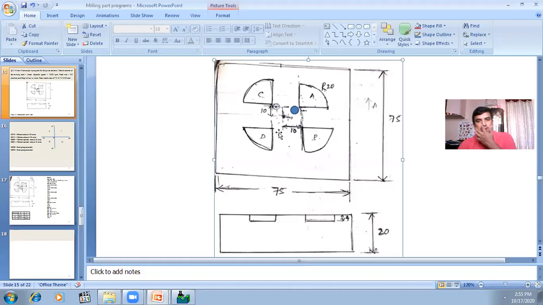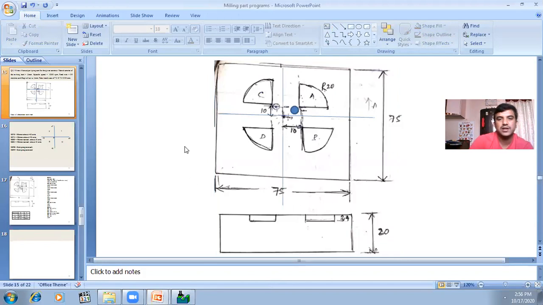Now it depends upon the programmer also. You can write the program. Here I will take the symmetry of the geometry about the horizontal line. See that the geometry is symmetric about the horizontal line, and also symmetric about the vertical line, right?